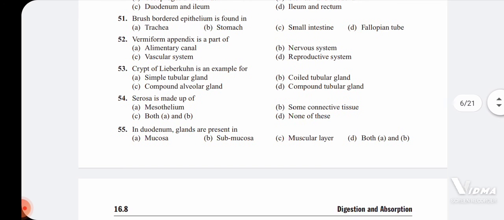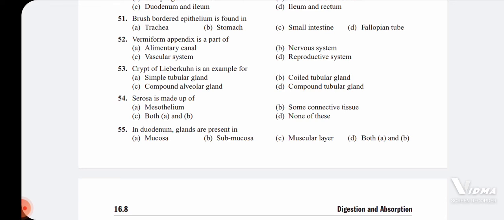Next, 53rd question, crypts of Lieberkuhn is an example for. The crypts of Lieberkuhn are an example of the tubular option. All of them have given tubular glands, but this is a very simple tubular gland. Hence for the 53rd question, the answer is option A. 54th, serosa is made up of epithelium and connective tissue.